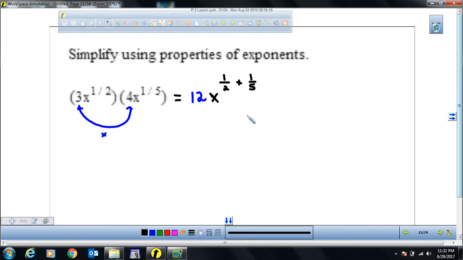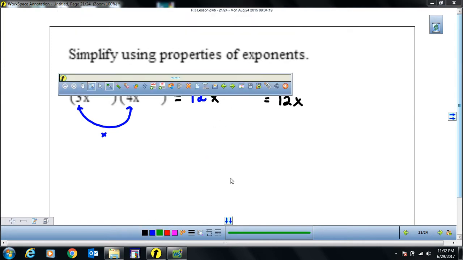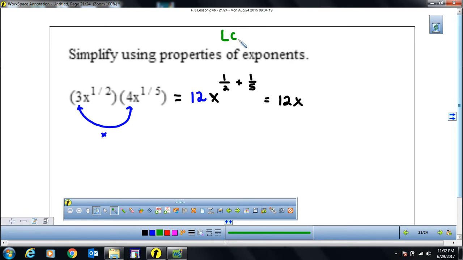Since these two have different denominators, I have to find the least common denominator. For 2 and 5, the smallest number they both divide into is 10, so I need to make both denominators 10s. To make this one a 10, I multiply by 5 and do the same to the numerator, giving 5/10 for the first exponent.